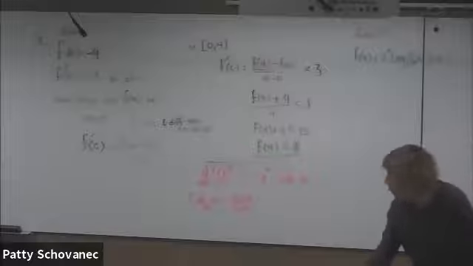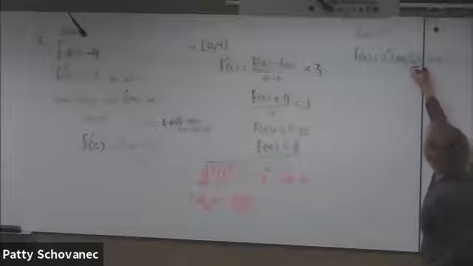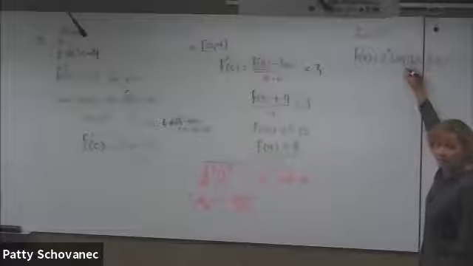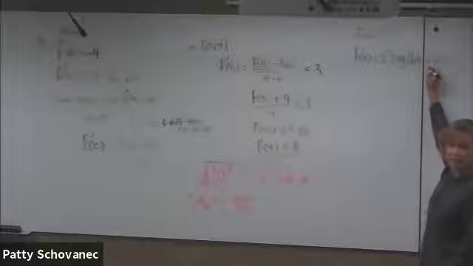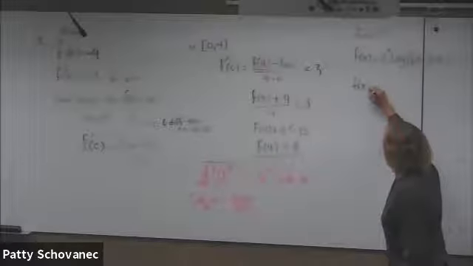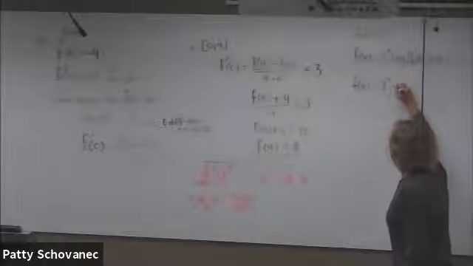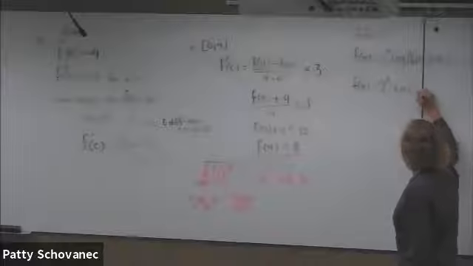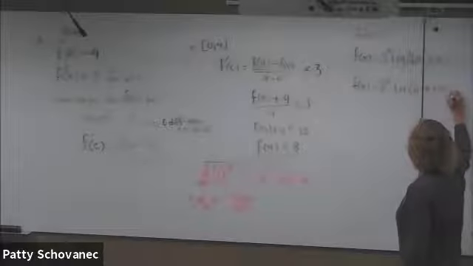So I'm going to start by rewriting this. This base is a 10. So I can rewrite this logarithm as the natural log of the stuff in the parentheses divided by the natural log of 10. Natural log of 6x plus 4 divided by the natural log of 10.